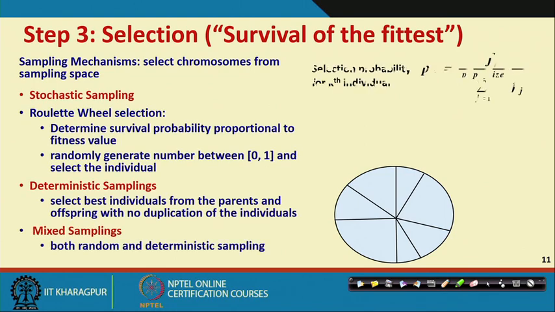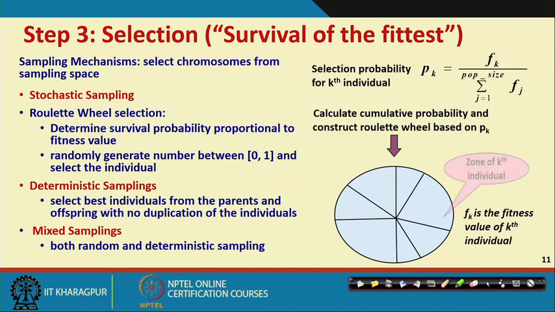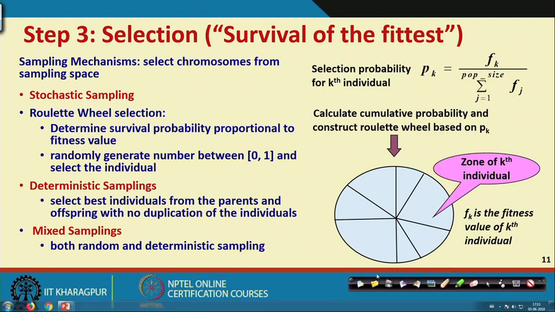So, select chromosome from sampling space, stochastic sampling, roulette wheel selection: determine survival probability proportional to the fitness value, as already explained. Here, essentially, we create the roulette wheel in this manner. We can take this as the zone of the kth individual, f k is the fitness value.